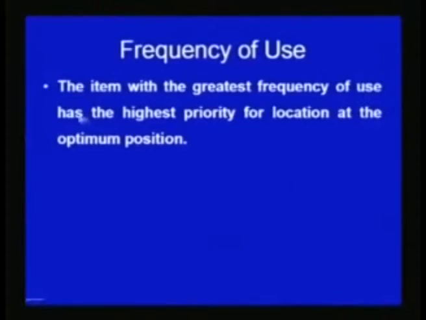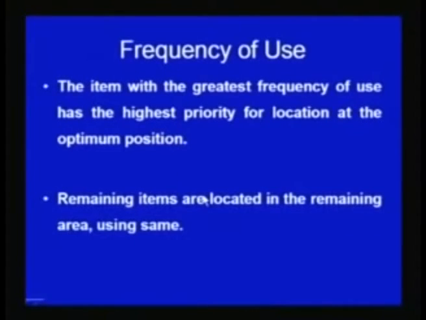So, the items with the greatest frequency of use have the highest priority for location at the optimum position, while the remaining items are located in the remaining area using the same principle. So, according to this principle, control devices are located on the basis of the frequency of their use.